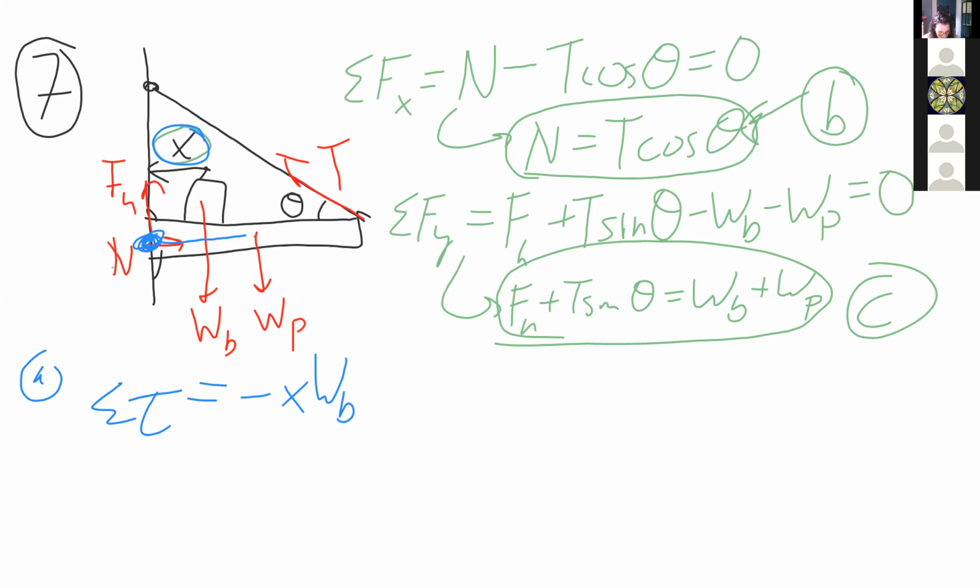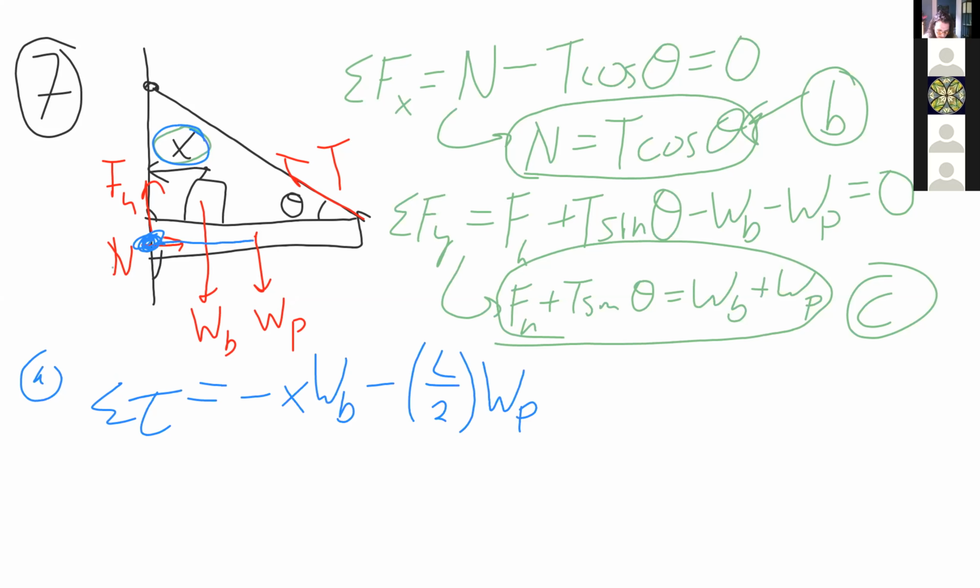The next force that we encounter is the weight of the plank. This is also going to be a negative. Since the plank is uniformly distributed, the weight of the plank will be right at the middle of the plank. So the distance from the hinge to the middle of the plank is the length of the plank divided by 2, L over 2. And then we multiply by the weight of the plank. And then sine of phi is sine of 90, which is 1.